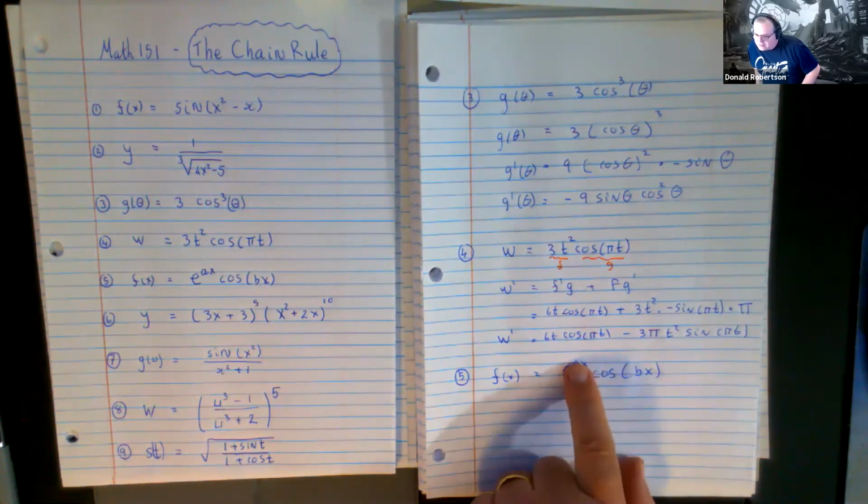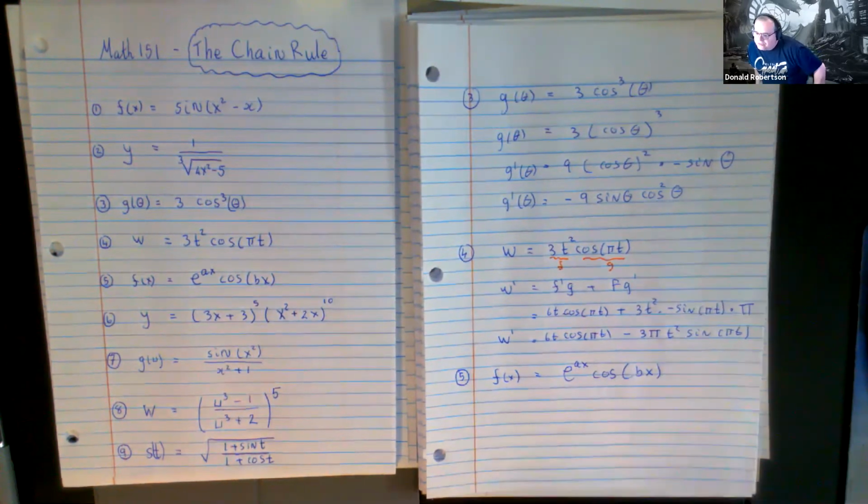The a and the b are representing what we call constants. In mathematics, a constant is a fixed number. And a is just representing some particular fixed number, right? So treat the a and the b like they were 5 and 2 or something, right? Think about them like that. Don't think about them in any other way. Just, it's like e to the 5x cosine of 2x, right?